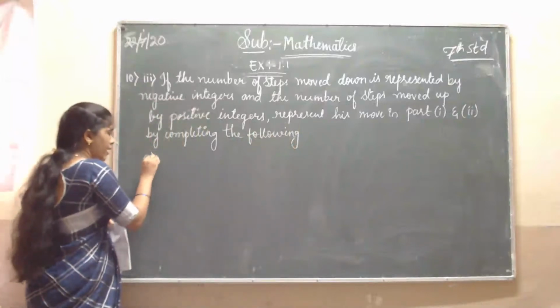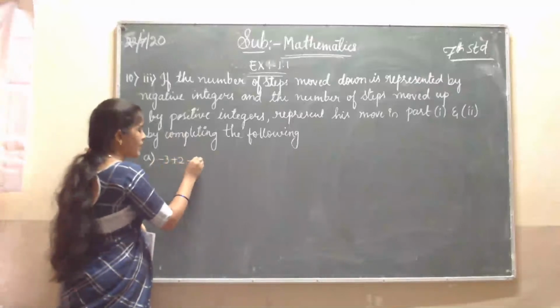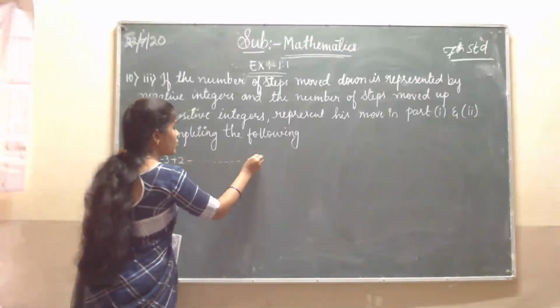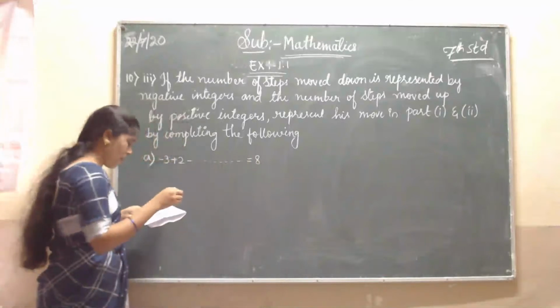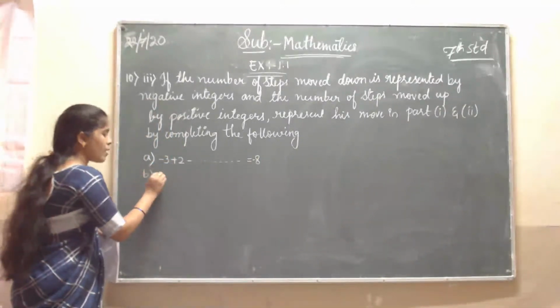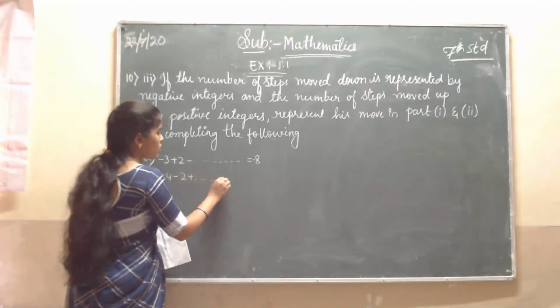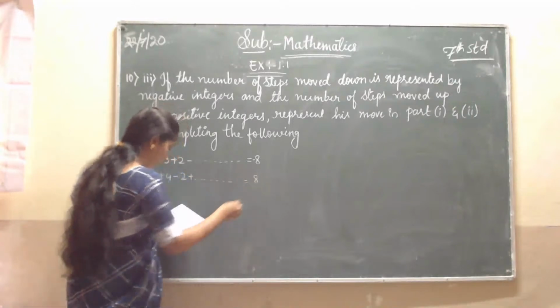In A: minus 3 plus 2 minus 3 and so on equals minus 8. In B: plus 4 minus 2 plus and so on equals 8.